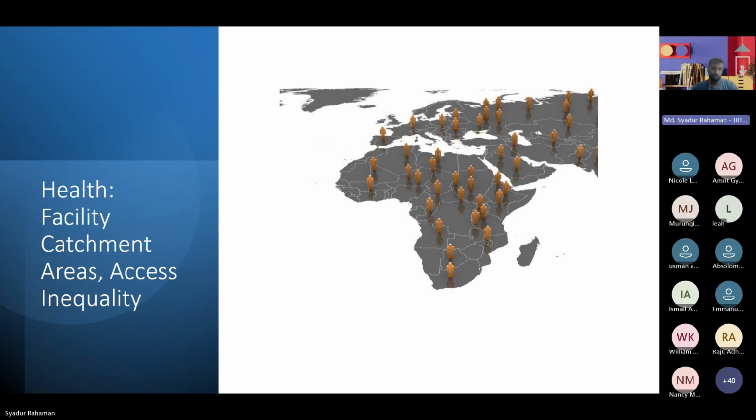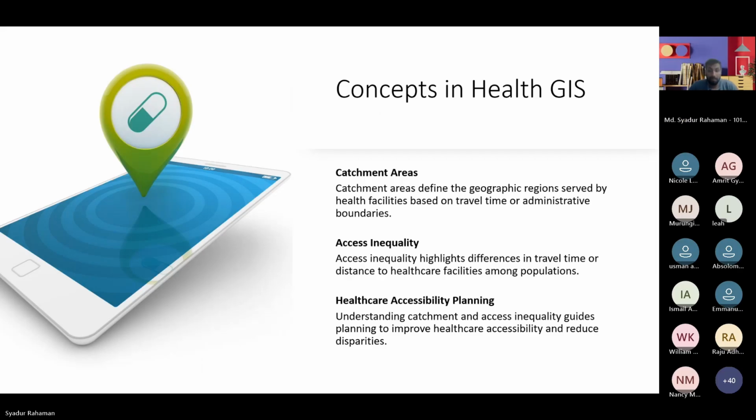The same thing we could do for health facilities, health facility catchments or access to health services. Catchments are simply the areas our health service covers. We check whether a health service has already reached an area or not.